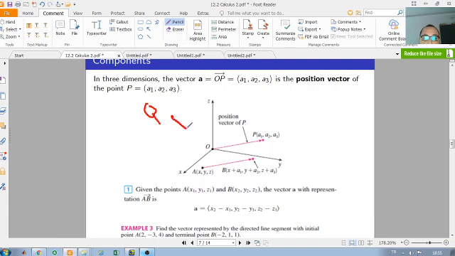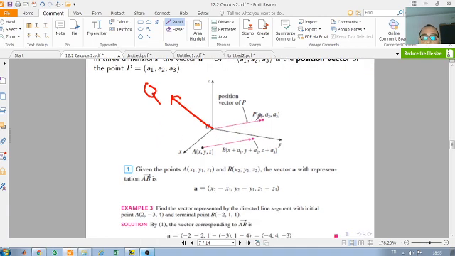So by sketching a line segment from the point Q to the origin, we obtain another position vector corresponding to the point Q. So by moving, for example, the position vector of the point P to here, we obtain the same vector, but the position is different.